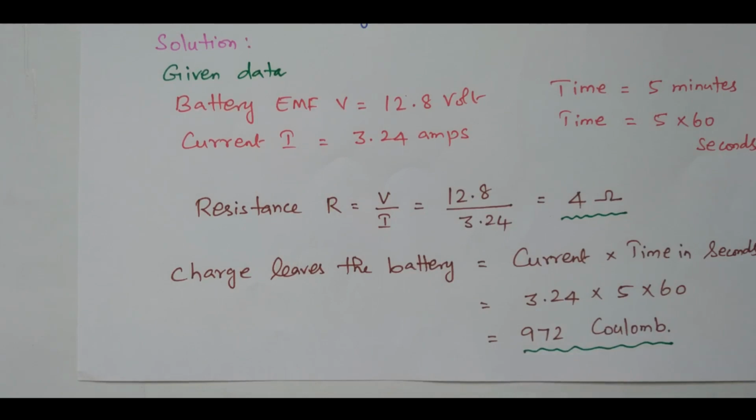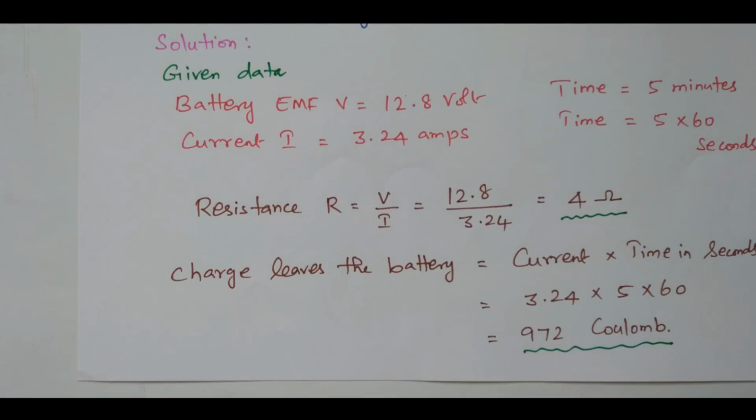Right? So in this problem, voltage, current and time are given. From that we calculated the resistance, voltage by current, and we calculated the charge using the formula current into time. That is 4 ohm, and this is 972 coulomb. So in this video we discussed Ohm's law, what is the definition and what is the formula.